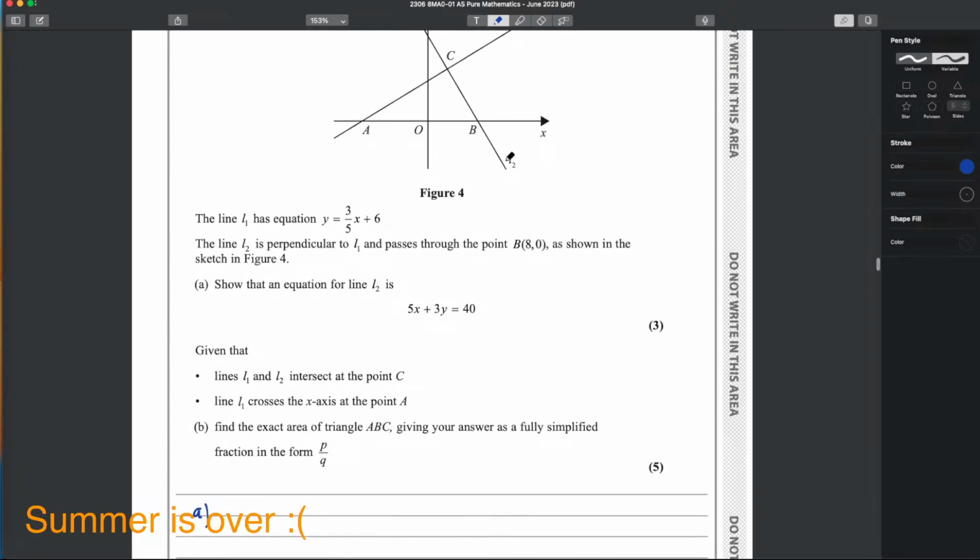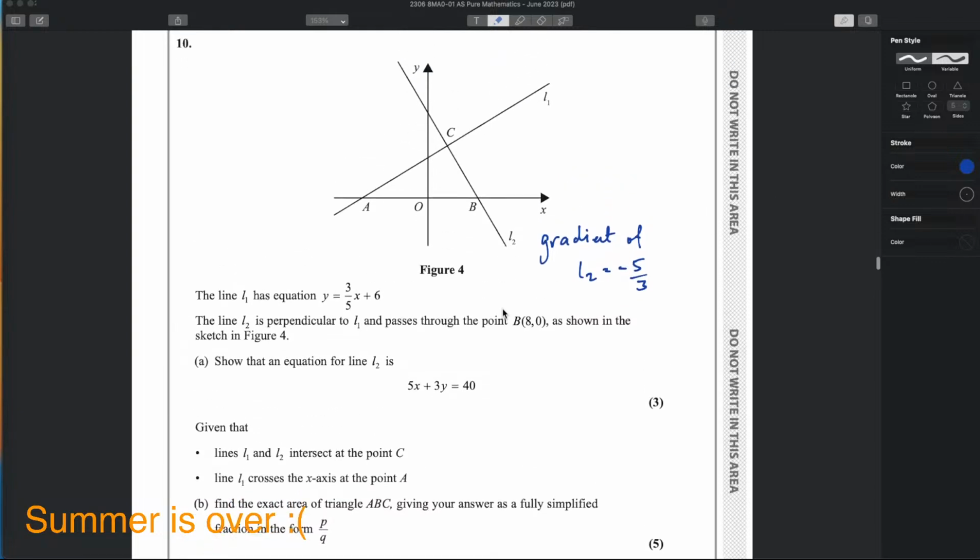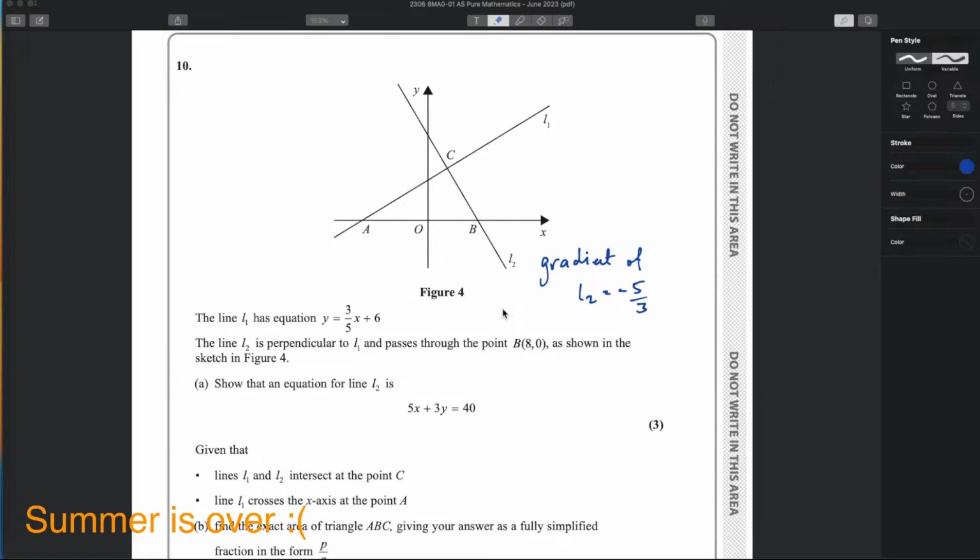Okay, so equation of L2. We have equation of L1. We have the gradient. So the gradient of L2 is going to be the negative reciprocal, so negative 5 on 3. And then we have a point.